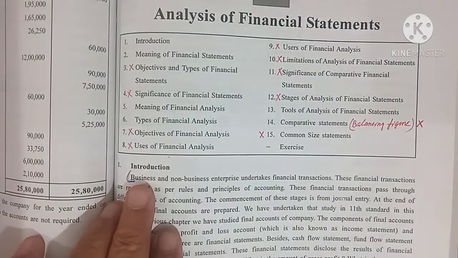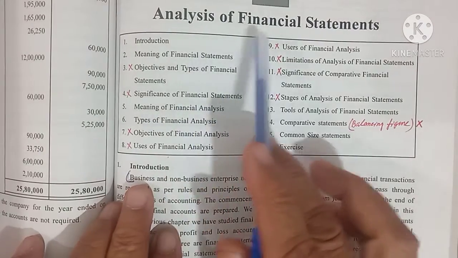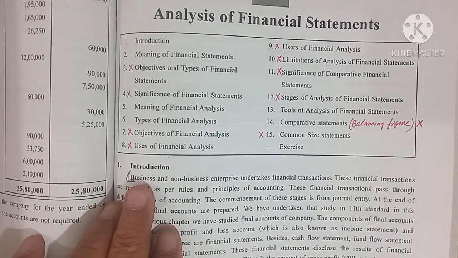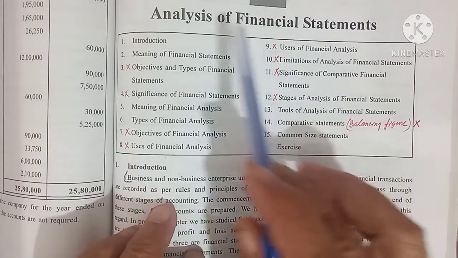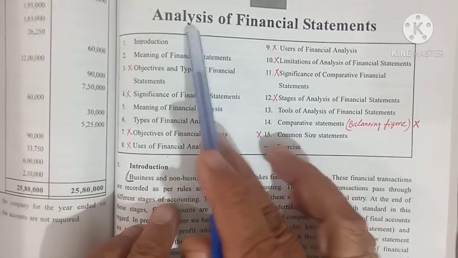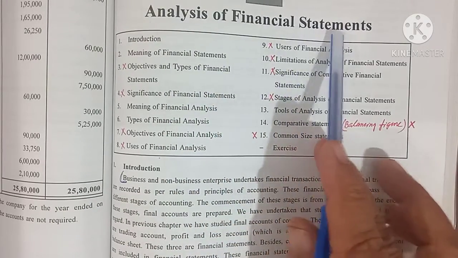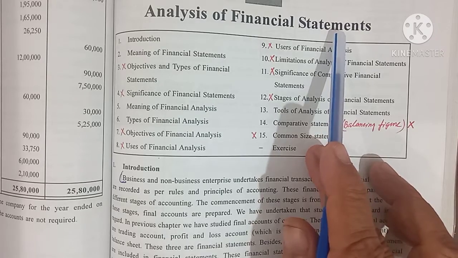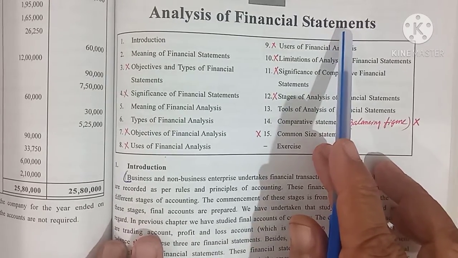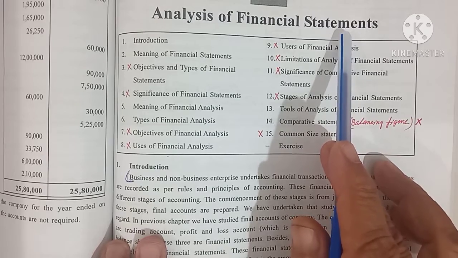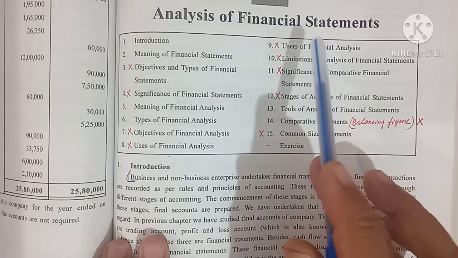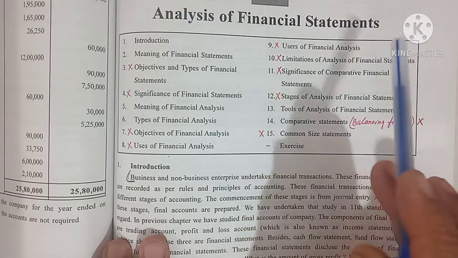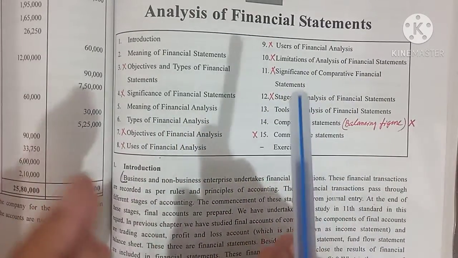First comes the introduction to Analysis of Financial Statement. You have to know what a financial statement is, and then what analysis is. A financial statement means the statement provided by the company for different stakeholders, internal as well as external, such as investors, creditors and debtors, those who are directly or indirectly related to it.